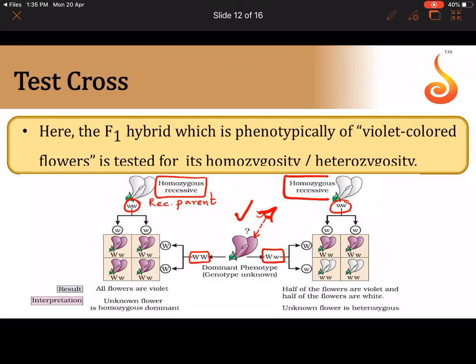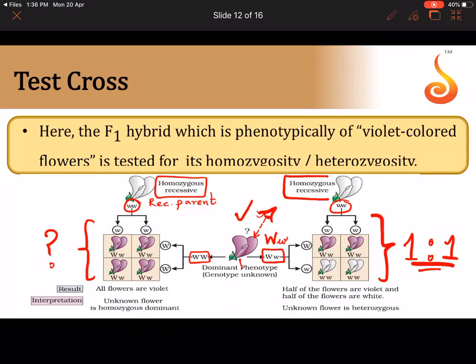Now which side are you getting the ratio 1:1? Here you are getting a ratio of 1:1. Here you are not. So wherever you get a ratio of 1:1, that plant is capital W, small w, heterozygous. So if you get this ratio of 1:1, you know that the violet plant is heterozygous. If you don't get the ratio of 1:1, you know that it is homozygous.